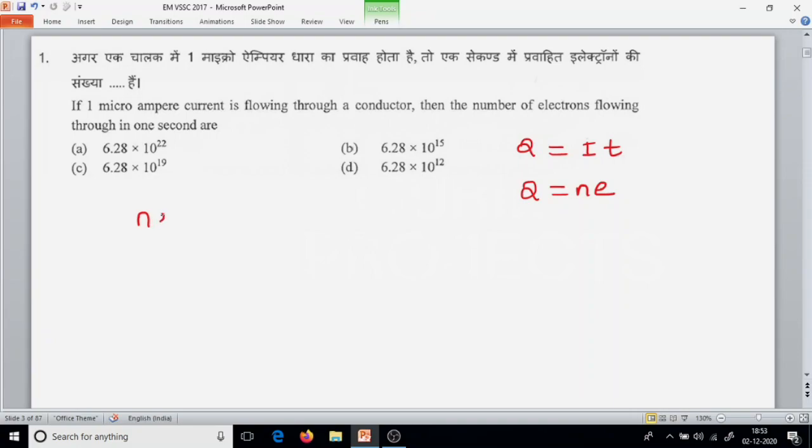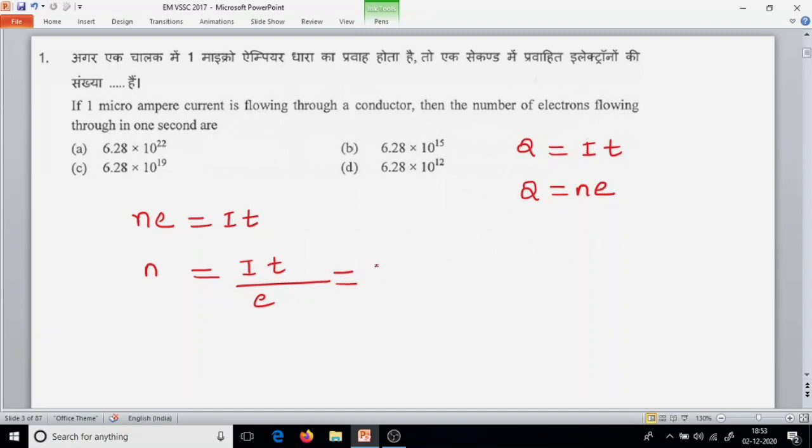That is N e equal to I into T. What we need is the number of electrons. Current is given, so N equal to I T divided by E.